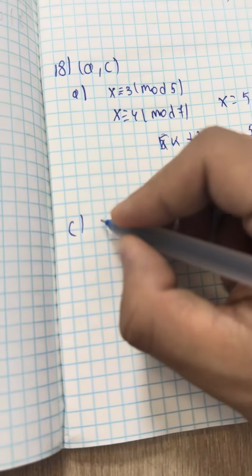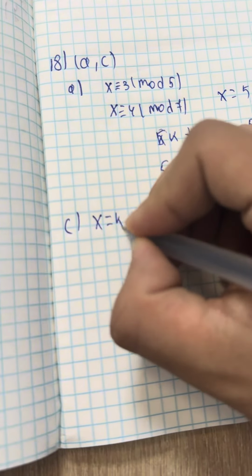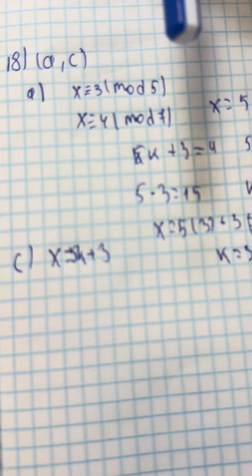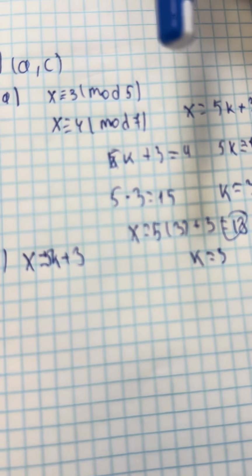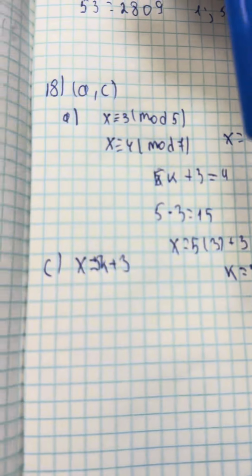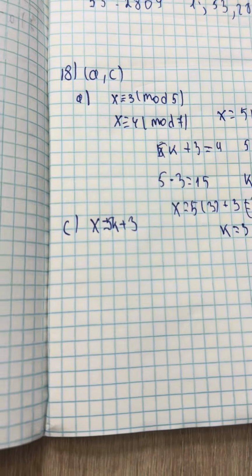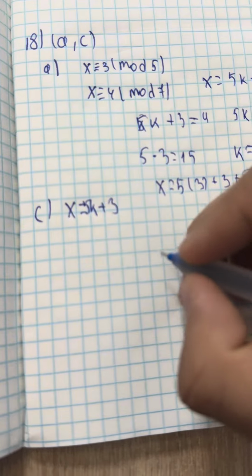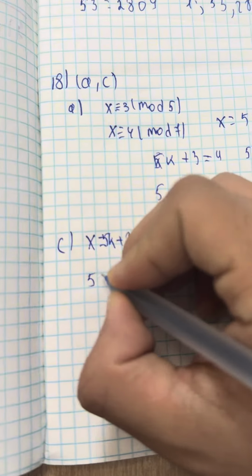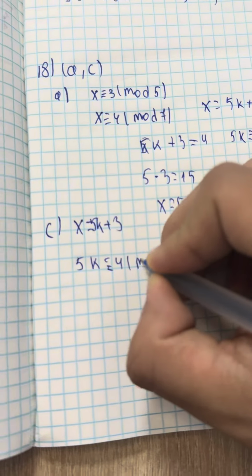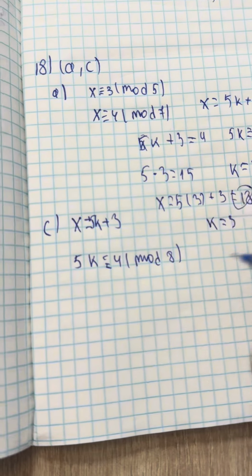Here the given is x equals 5k plus 3. Before we start, we represent x as 5k plus 3 from the first equation. Then we will simplify this, modulo 8.